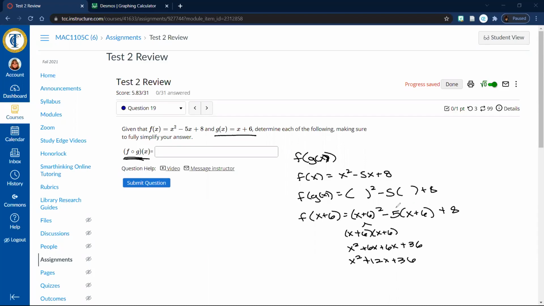And then don't forget everything that we have back here, right? Negative 5 times x and negative 5 times 6. So negative 5x minus 30, plus 8. And now it's just a matter of combining. So we got 12 minus 5, which is 7x. And then we have 36 minus 30 plus 8, which gives us 14. And that's our answer.